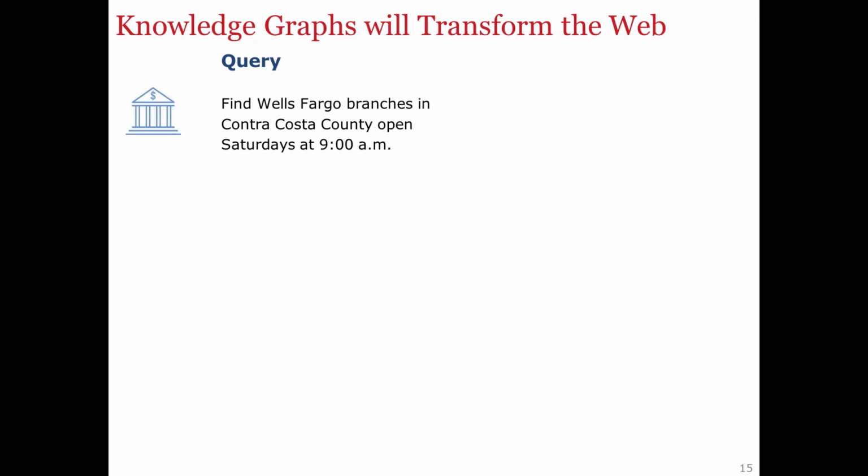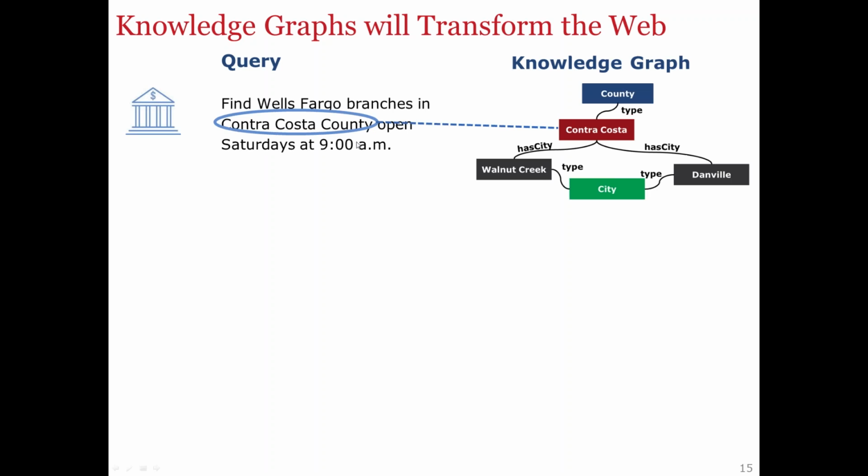So the web is leveraging knowledge graph, particularly through Google, Yahoo, and Bing, formed a consortium called schema.org, where they're creating these knowledge graphs that search queries on the web, such as find Wells Fargo branches in Contra Costa County open Saturdays at 9 a.m. Today you can't yet do this, but very soon you will, because it'll see in its knowledge graph that Contra Costa is a kind of county.